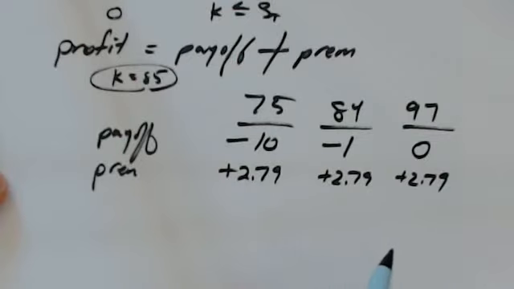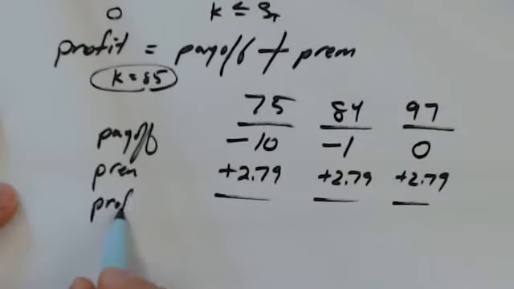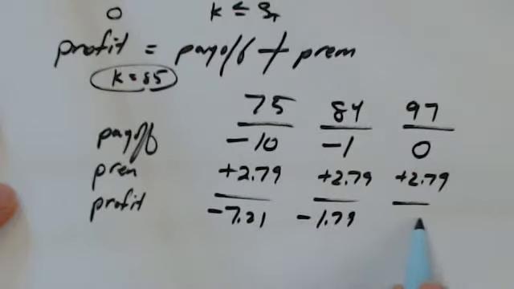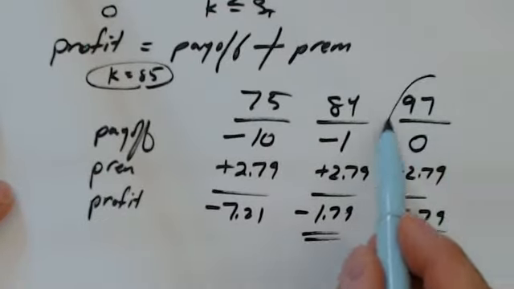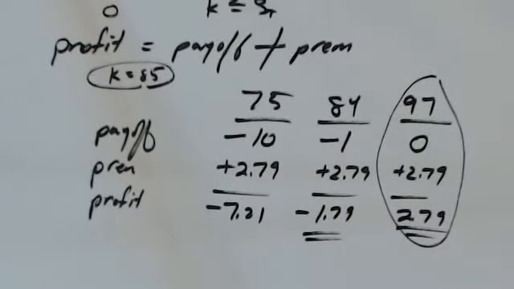It's sunk premium, in a sense, sunk revenue. Can't change it. So overall, we lose $7.21 in this scenario, $1.79 here, and we make $2.79 here. We sold an option that was worthless, and we're happy that we did that. The holder's not happy because they're down this negative 2.79.